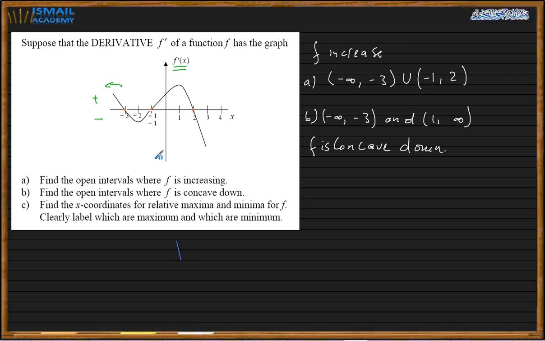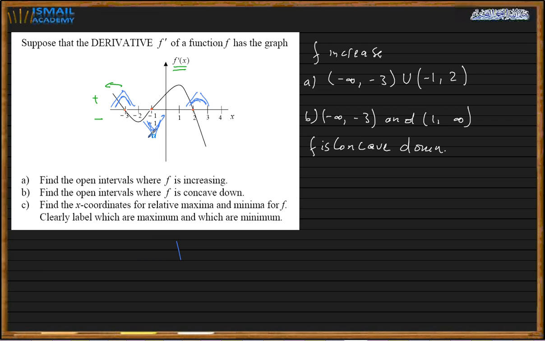Let me use another color. On that side it is increase, then decrease. You see, the graph will look like this. This means it is a local max. Here it's decrease, because it's negative, then increase, because it becomes positive. This is a local min. Here it's positive, that means it's increase, then decrease. That means this is a local max.